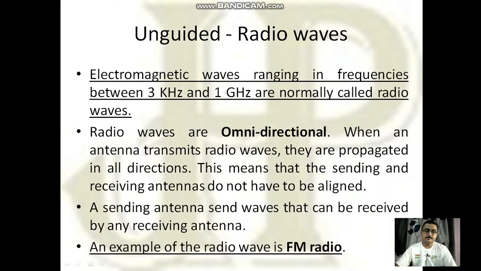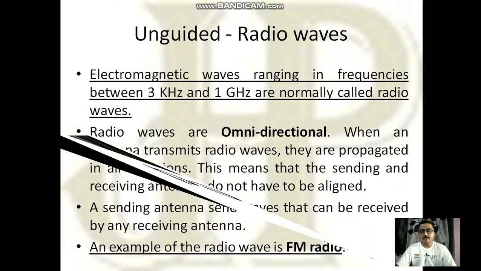Clear? Now, first example is radio wave. Electromagnetic waves ranging in frequencies between 3 kHz to 1 GHz are normally called radio waves. And the feature is, it is omnidirectional, which means it can transmit data in all directions.